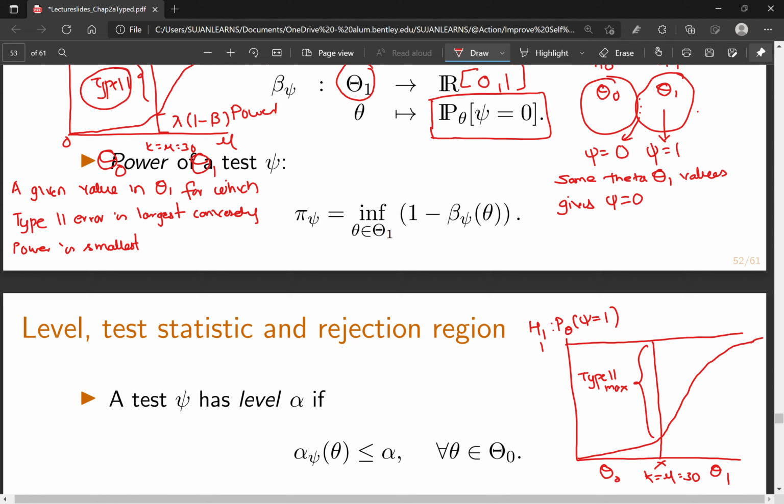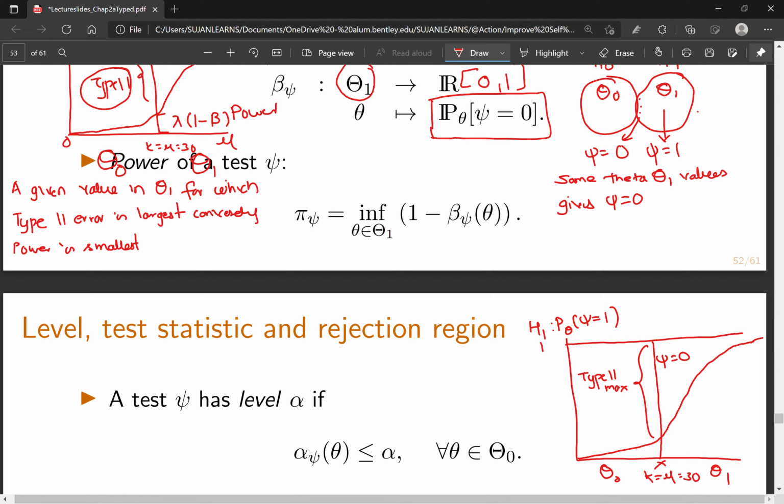Even though the point belongs to theta 1, we are saying that it is actually theta naught, giving me the test as 0. It is the maximum probability of missing a discovery.